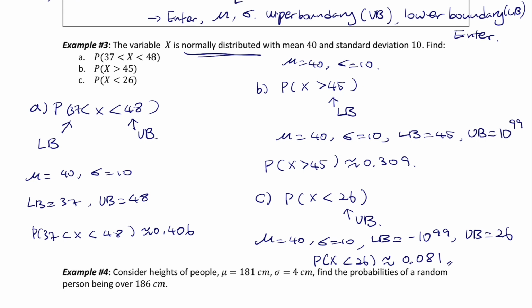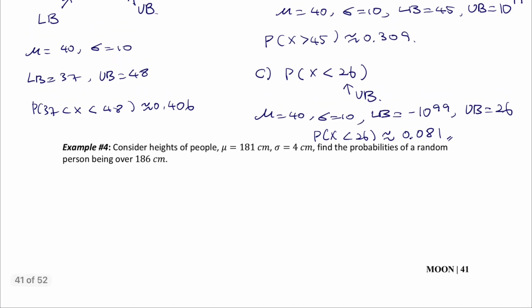Okay? Then let's do example number 4. You can stop the video and try this question and then play again if you want. For example number 4, we need to consider the height of people. Mean is equal to 181 and standard deviation is equal to 4. We need to find the probability of a random person being over 186.